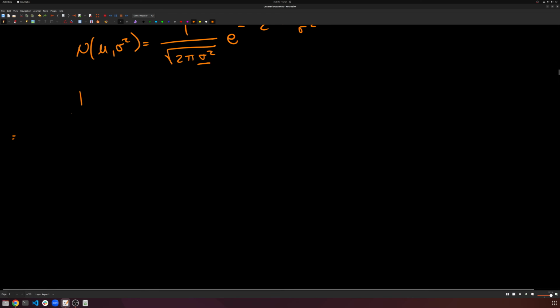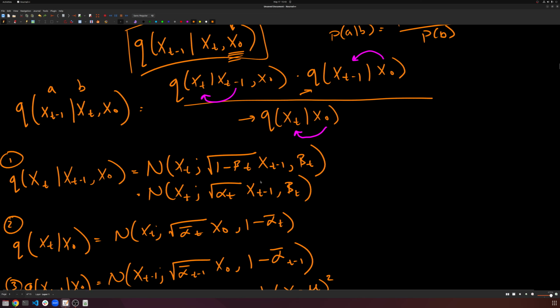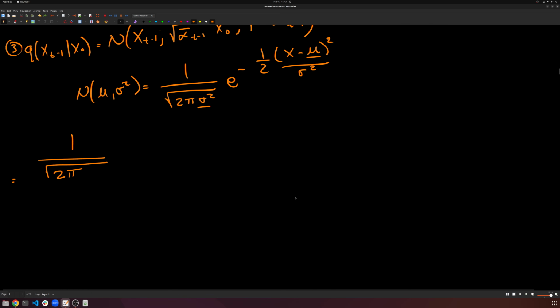1 over, and let's try to write it a little bit smaller in case it takes up more space, 1 over the square root of 2 pi. And what's our sigma squared? Let's take a look. Our variance is beta_t, so let's write that, e to the power negative 1/2.